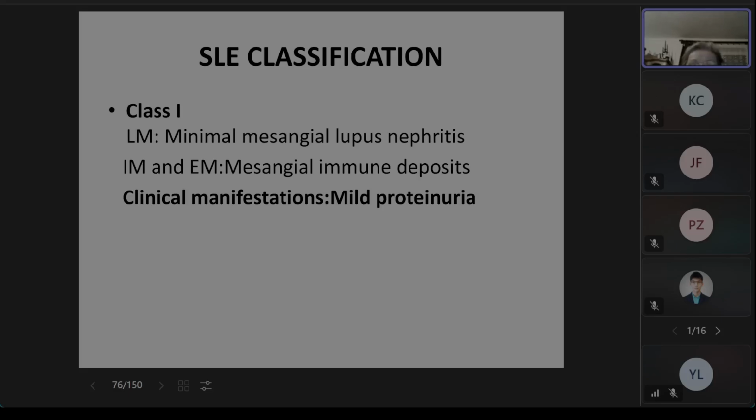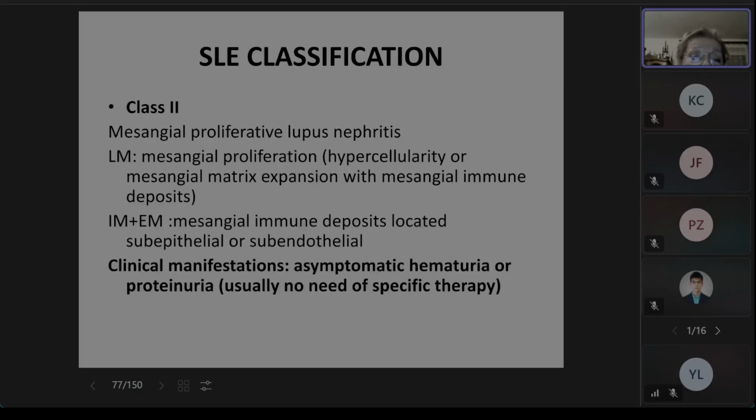That means only a minimal increase of the mesangium region and mesangial proliferation. In immunofluorescent microscopy, you can see some mesangial immune deposits, and the clinical manifestation is usually mild proteinuria, nothing more. Of course, you can see some erythrocytes, some red cell casts, but nothing more.